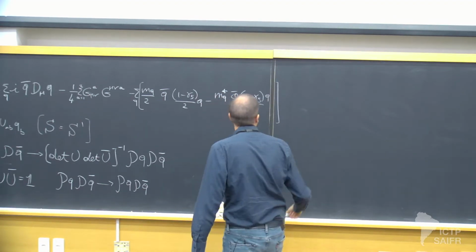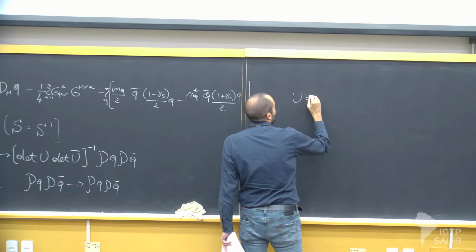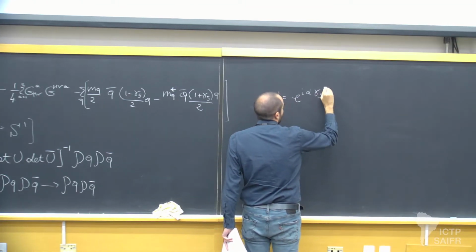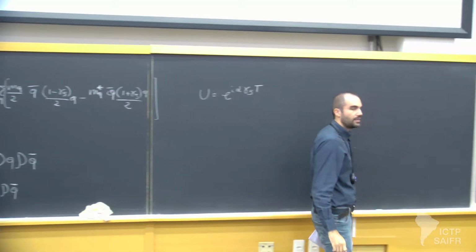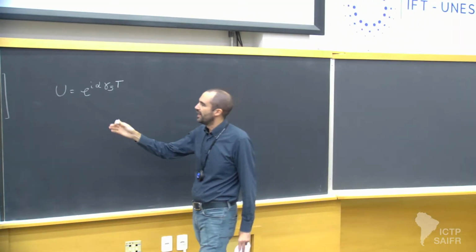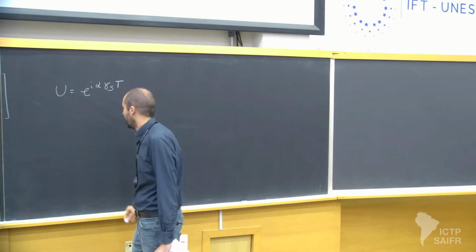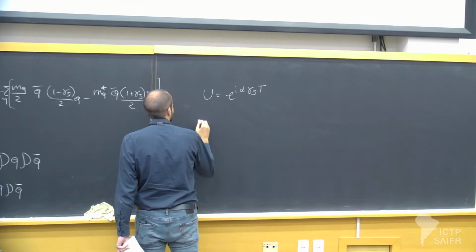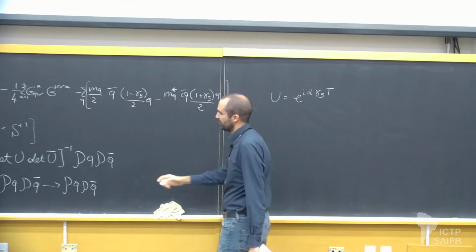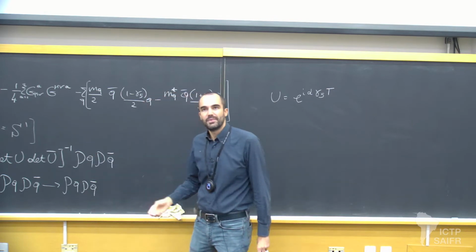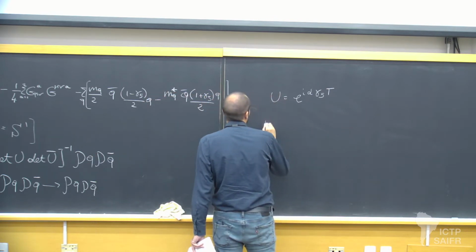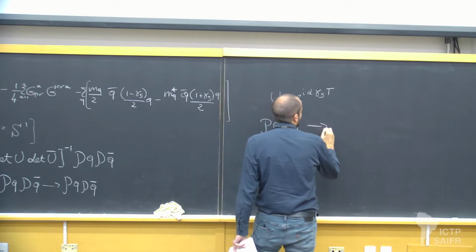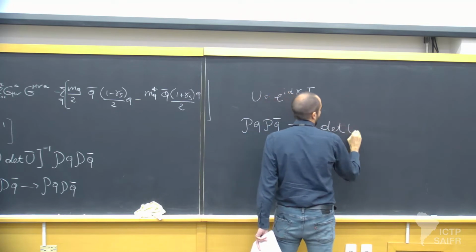However, let's imagine that we choose as our U operator this object, where this T is some generator that we're not necessarily going to specify that can act on the quarks. Then in this case, you will find that the determinant of U bar is actually the same as that of U. So your path integral measure is going to change.